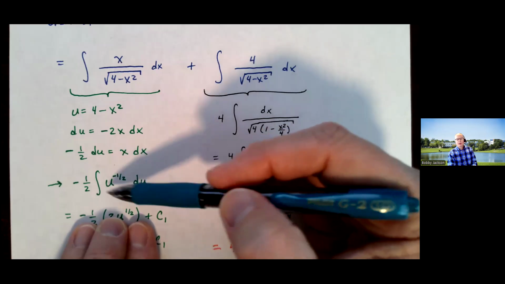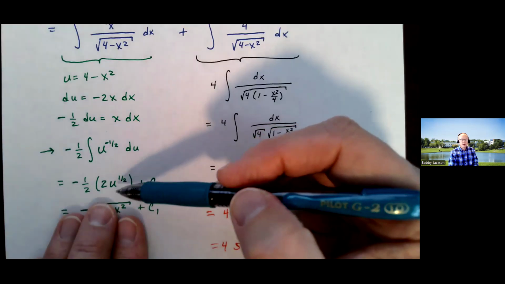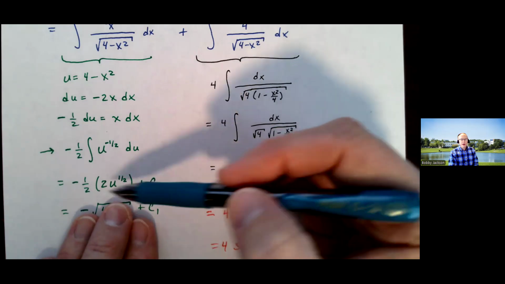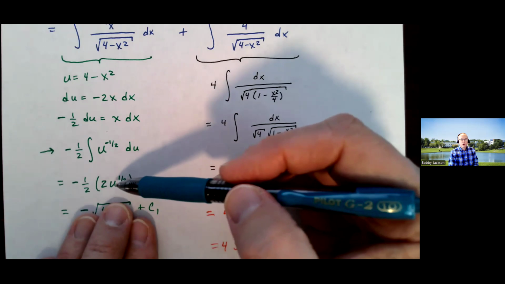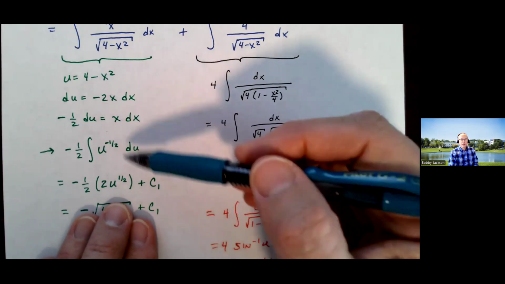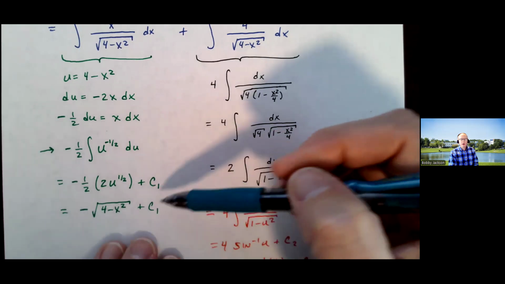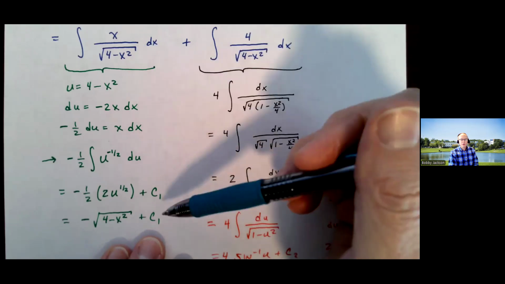So we find the antiderivative of this by the power rule, add 1 to a half. Dividing by a half is the same as multiplying by 2. And then cleaning this up, negative 1/2 times 2 is just negative 1. u again was 4 minus x squared to the 1/2 power means square root. I'm calling my constant C1. I'll explain why here in a minute. So there's the antiderivative of that one.